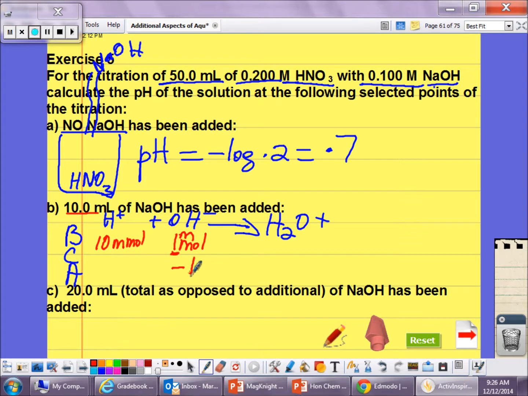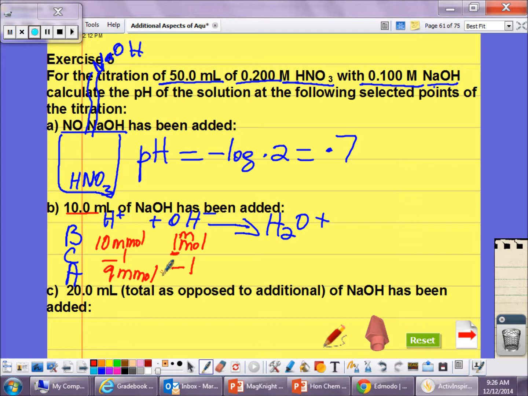With 1 millimole of my acid, they are going to react to produce water. I have an excess of 9 millimoles of the acid. Now, that means it's only that excess acid which is going to determine the pH of that solution.